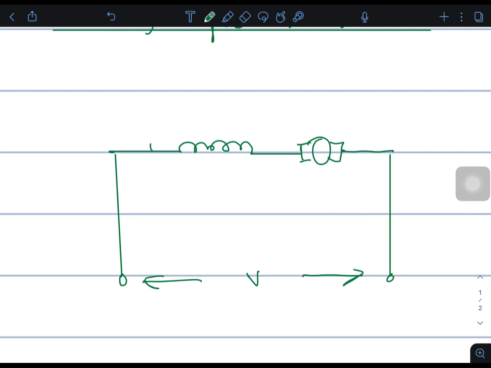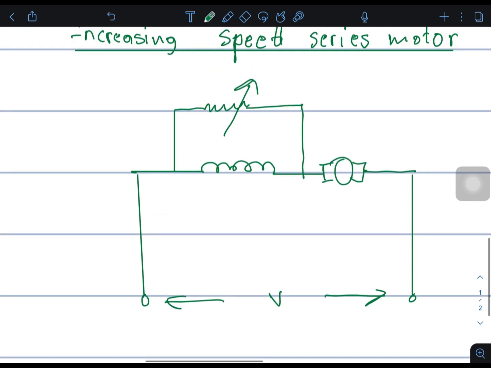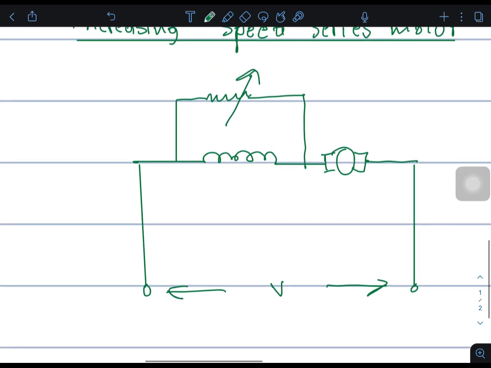You just put a variable resistor in parallel with the series field winding. The current is now I load, then it becomes I series, and then there is the I diverter current, then the armature current.